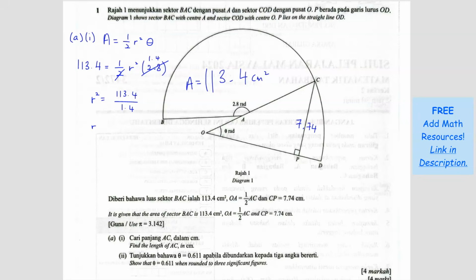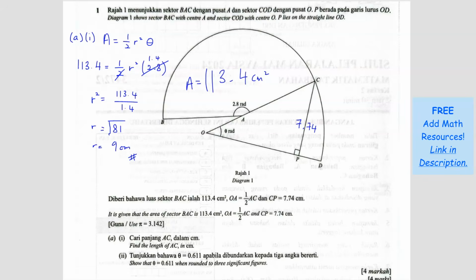I get 81. So r square equals 81, so r will be square root of 81. So r equals plus minus 9, but since we are talking about radius, it can't be a negative answer, so the answer is 9 cm. Okay, so A1 is done.